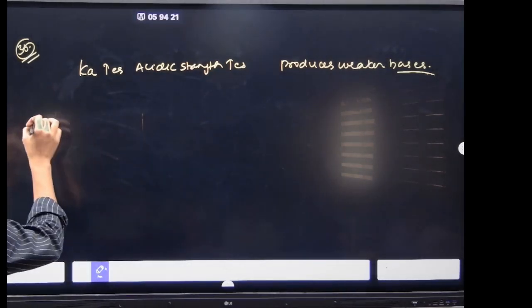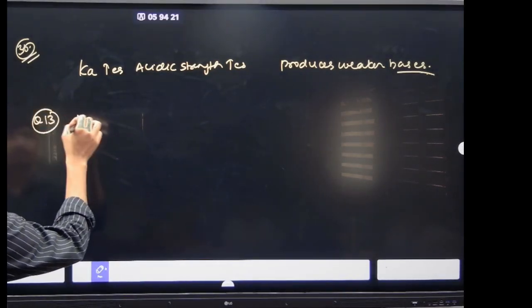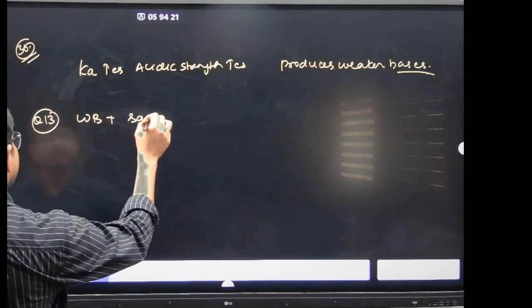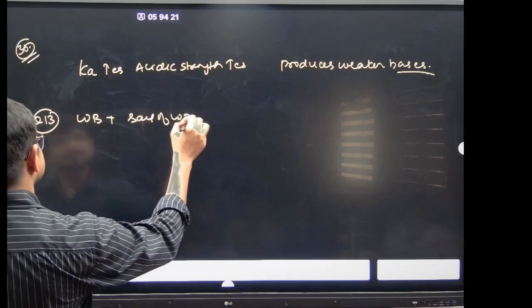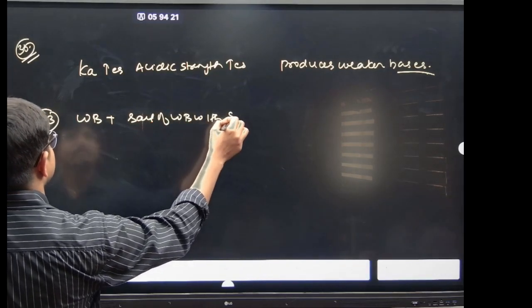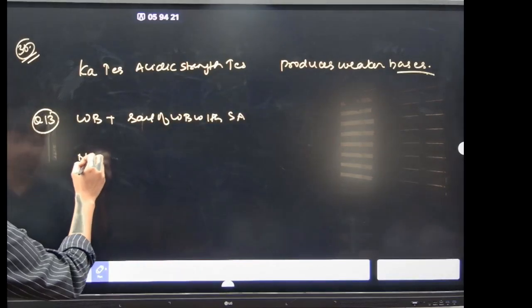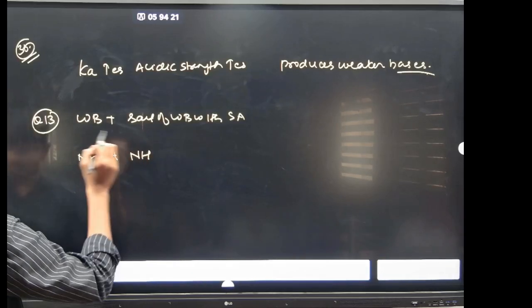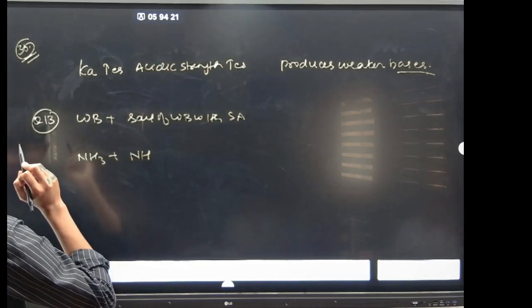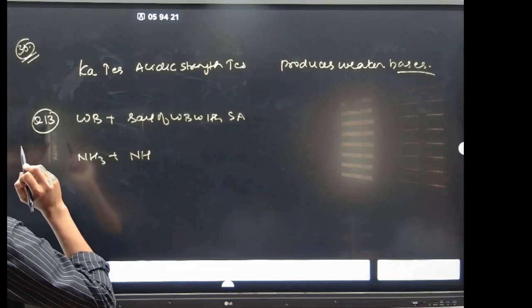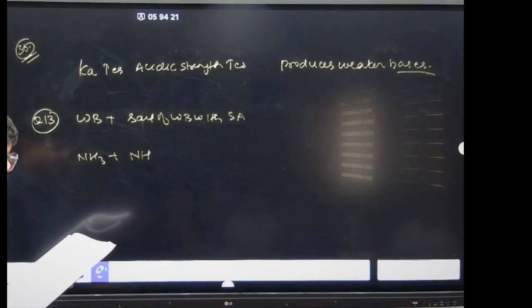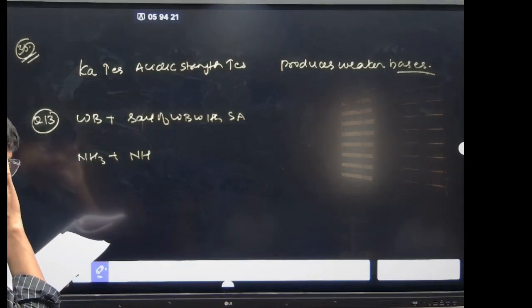It is a weak base plus what? Salt of weak base with strong acid. That is ammonia. They should have written NH4Cl there, this is wrongly written.